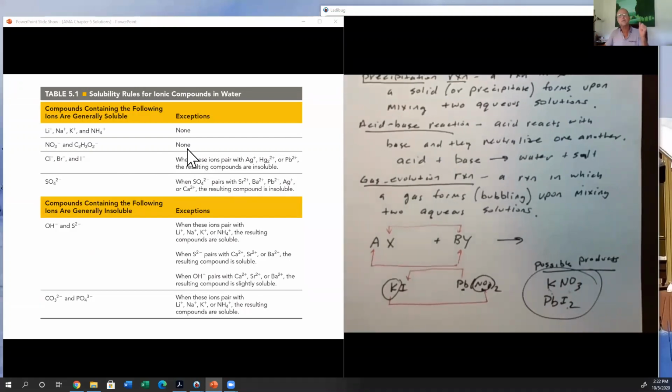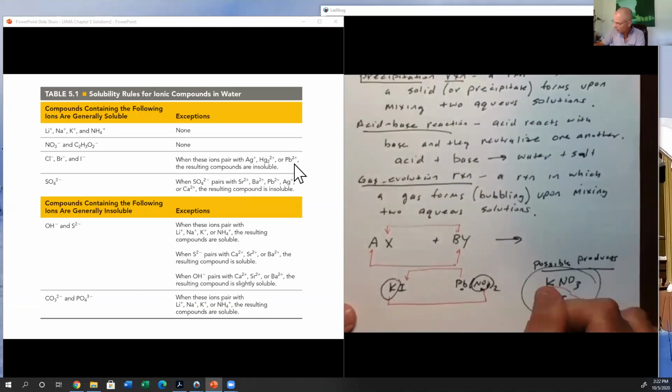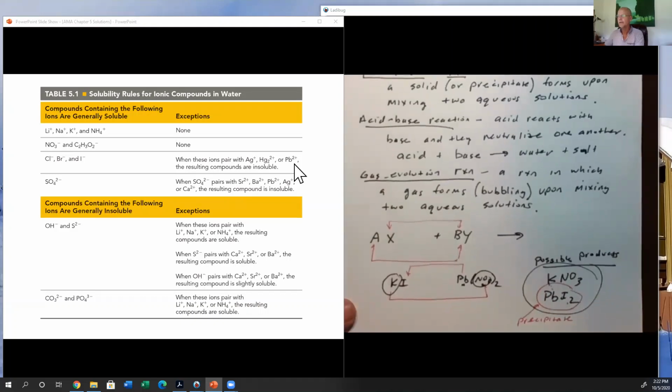So are you ever going to get a precipitate with nitrate? No. Never, right? But if you look here at lead iodide, you look at iodides and you see that, aha, iodides are generally soluble, but lead is an exception, right? So this is going to be our precipitate. That's going to be our precipitate.